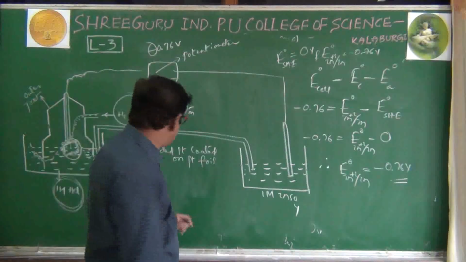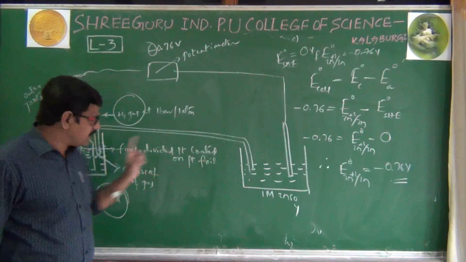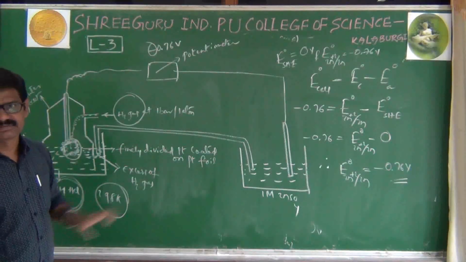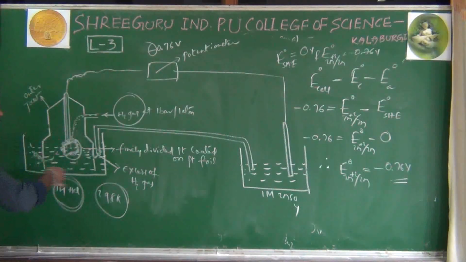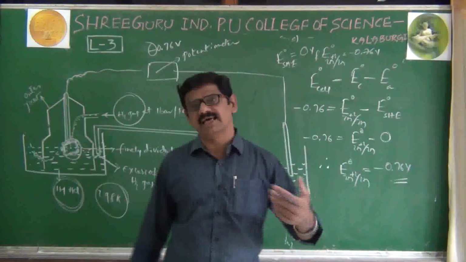Now, when the SHE and zinc electrodes are connected, we have to write the cell notation. How to write it? Very simple. SHE is acting as anode, and at the anode oxidation takes place, because SHE can act as anode as well as cathode.